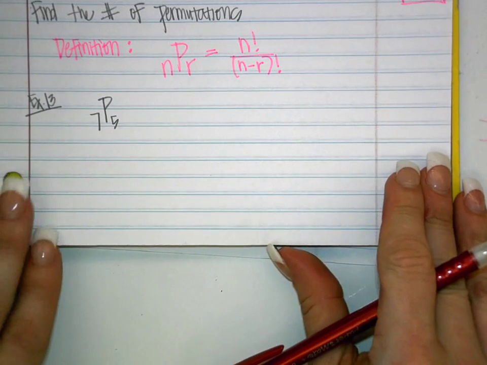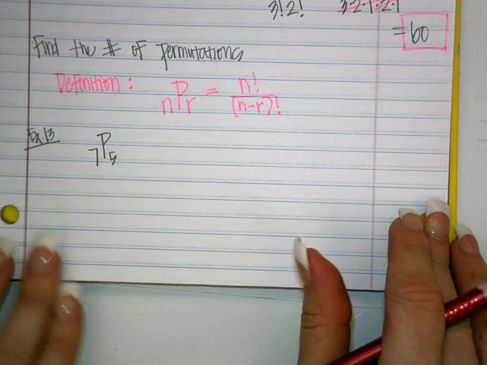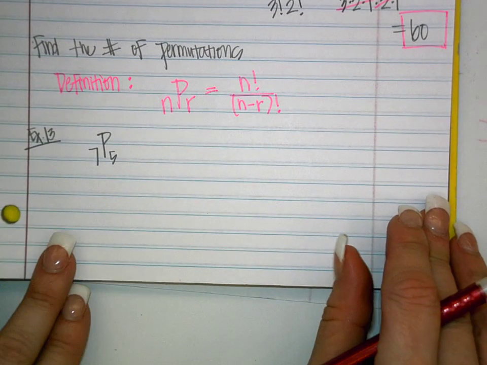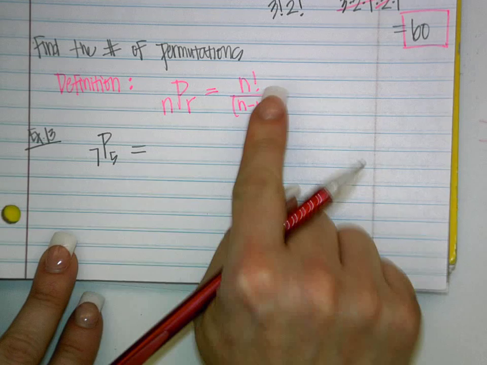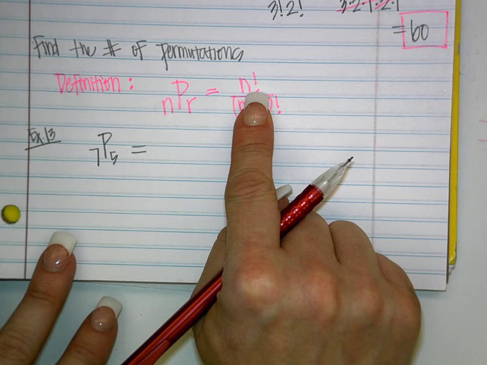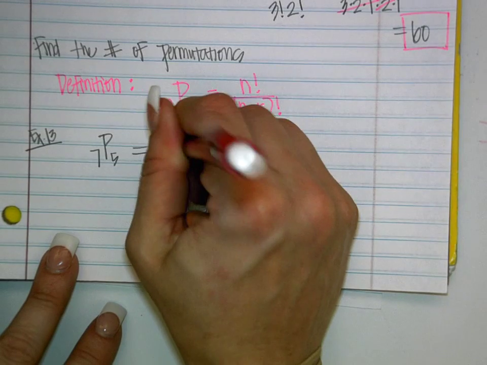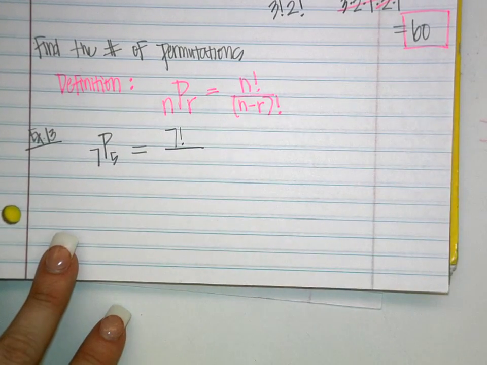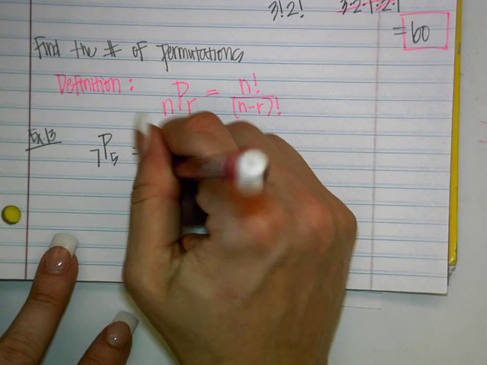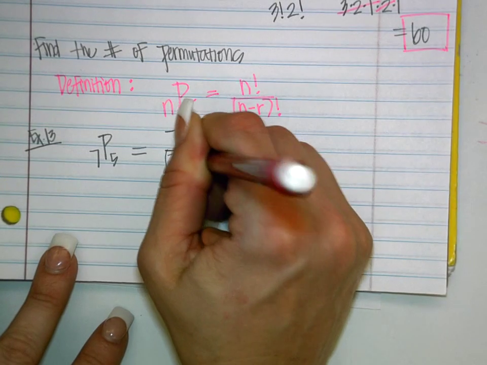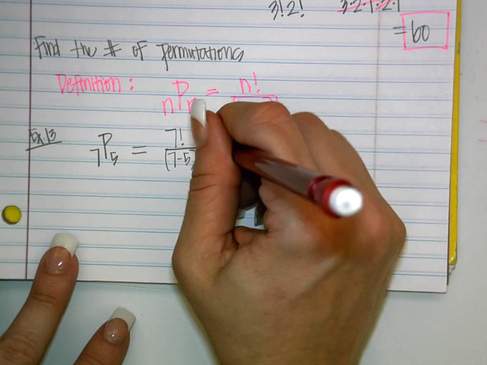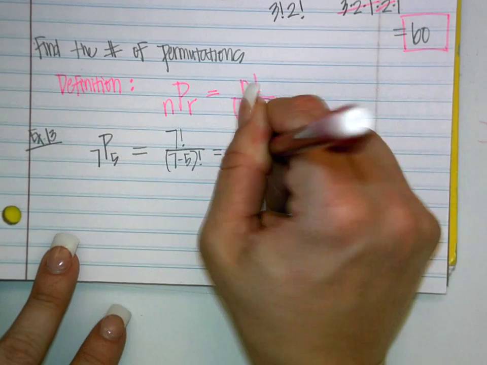What you have to know how to do is plug into this, okay? So here, you always do the left number, the number on the left, factorial. So what's the left number? 7 factorial. Divided by the difference, left minus right, factorial. So 7 minus 5 factorial. So if we work this out, this is really 7 factorial over 2 factorial.